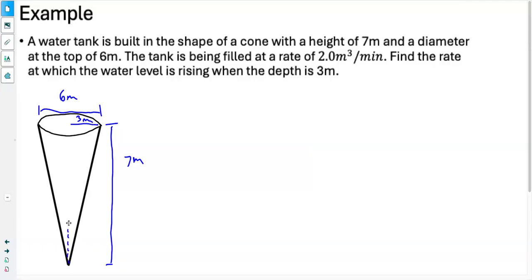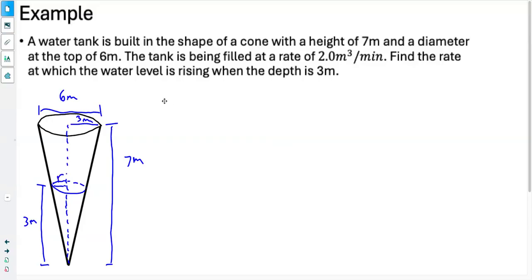Now, I'm just going to draw a line through the center, which represents our overall height. Now, we are looking at what happens when we have a height of 3 meters. And technically, we would have a radius of this circle at that height.